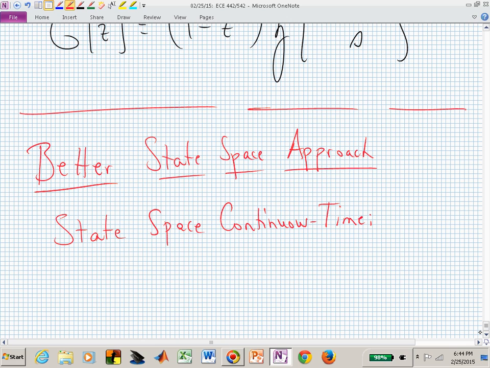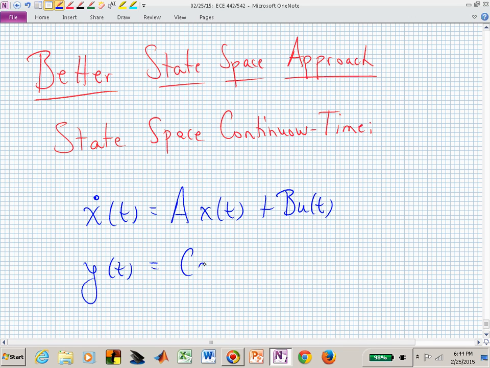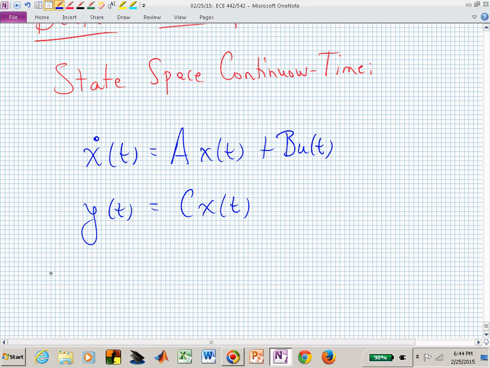Where we now have this state space representation of a continuous time system. It's x dot of t is A x of t plus B u of t, y of t is equal to C x of t. Do you remember how to find the solution to this coupled set of differential equations?